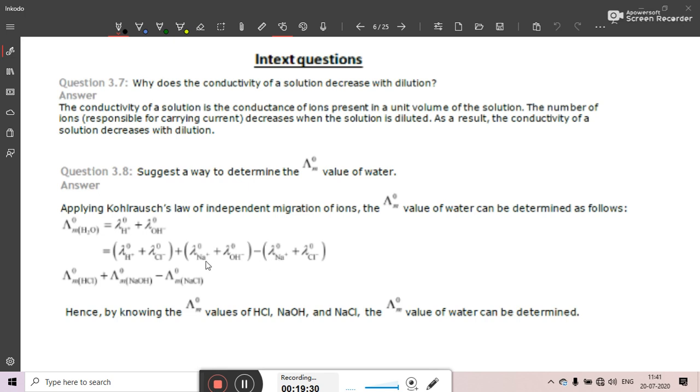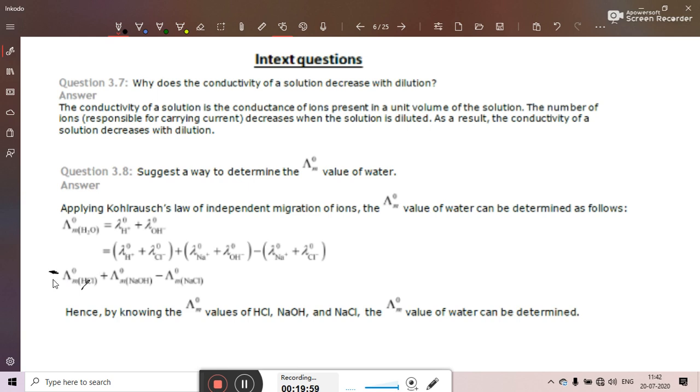Okay, so here you can see that when you take them in the bracket, lambda naught of H+ and lambda naught of Cl- will together form lambda naught of HCl.